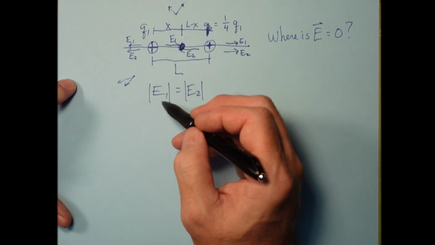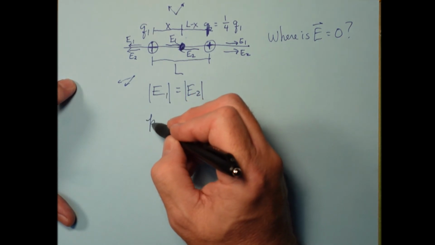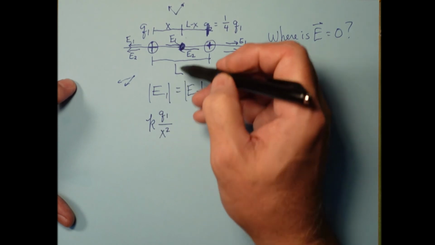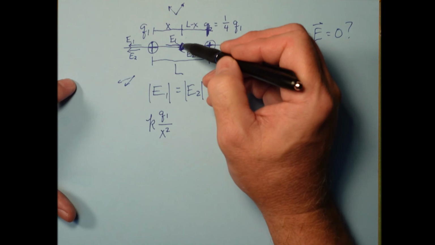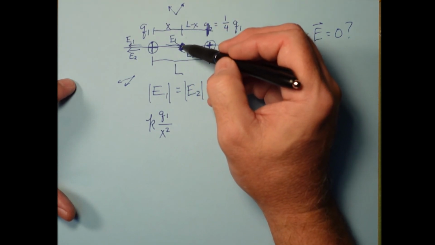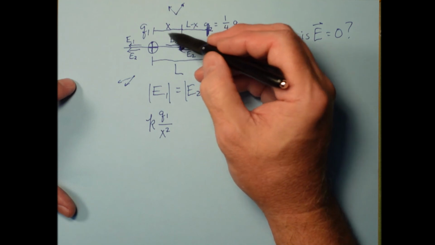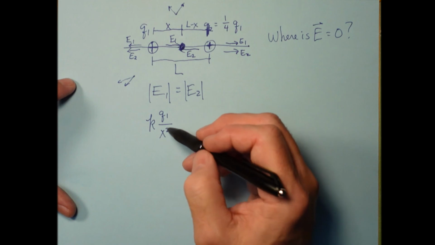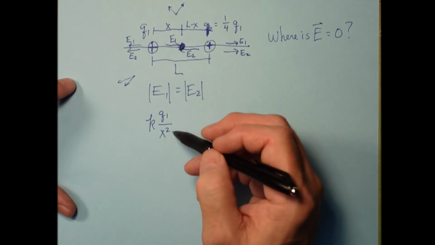Okay, well the equation for E1 is going to be k Q1 over X squared. That's the magnitude of the electric field at our point X. And X can be any value, but we're just choosing to call it X, the variable X, but it could be anywhere along here. So that's the electric field at that point.